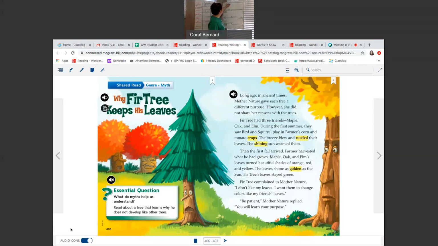Fir Tree wants to be like his friends. Mother Nature tells him to be patient, that he will learn his purpose.